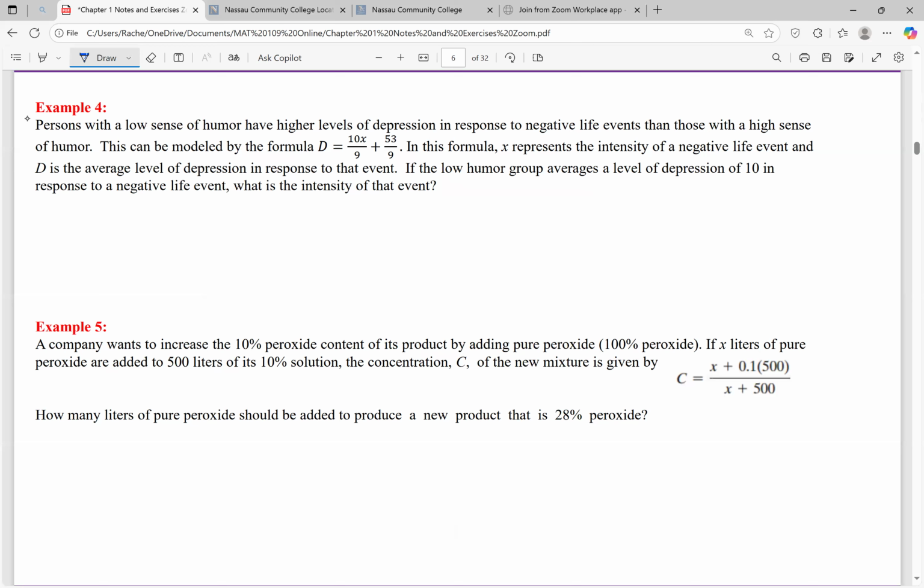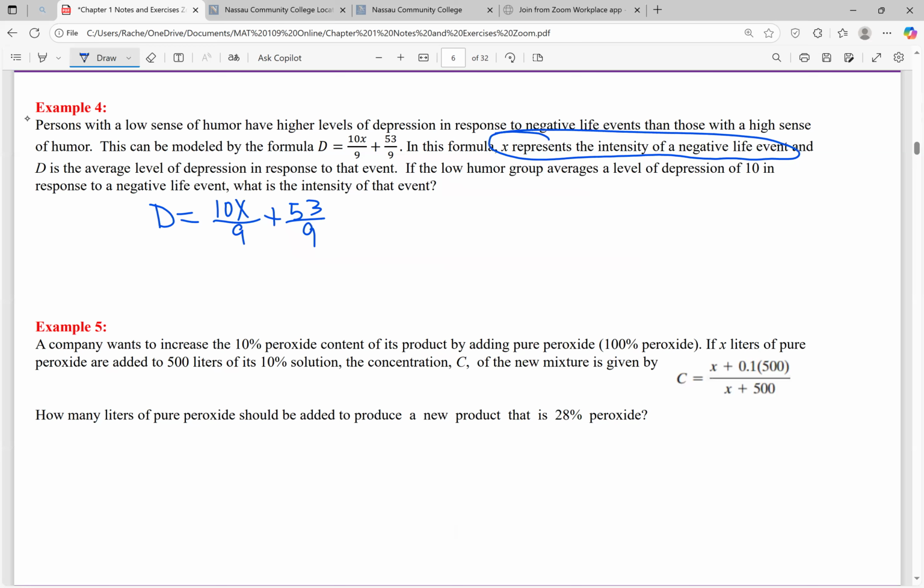So let's look at this formula for a minute. Let's rewrite it. So we have D is equal to 10x over 9 plus 53 over 9. So this models depression, because D stands for the level of depression, depending on the intensity X of a negative life event.